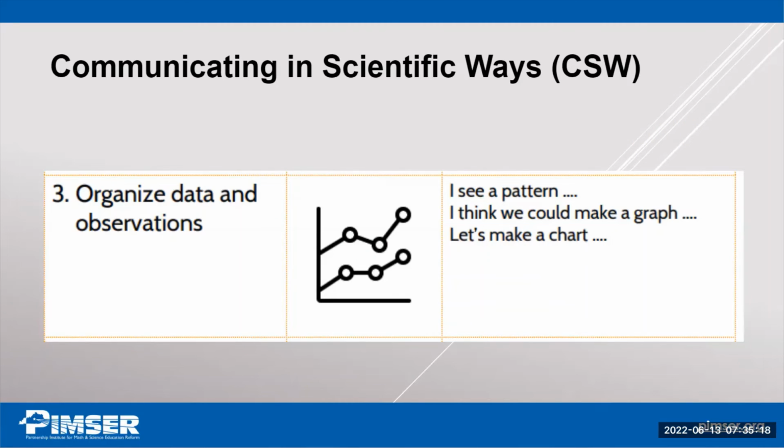One possible choice is CSW number 3, organized data and observations. This supports the science and engineering practice of analyzing and interpreting data. The STEMs prompt the students to consider if there is a pattern in the data, as well as possible options for what to do with the data, such as make a chart or graph.